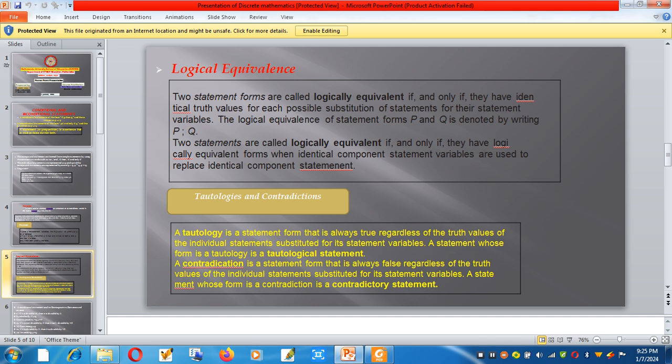Now some examples of biconditional statements. The first example: a side of a right angle triangle is the hypotenuse if and only if it is the longest side. Here, to discuss whether it is a necessary or sufficient condition or both, we can say that P is a sufficient condition for Q, so it matches with the above examples.